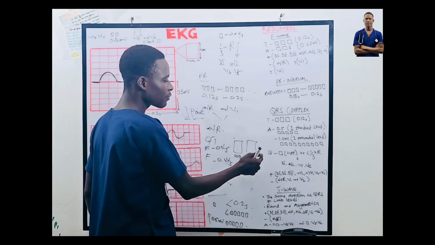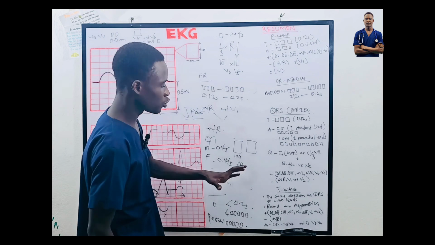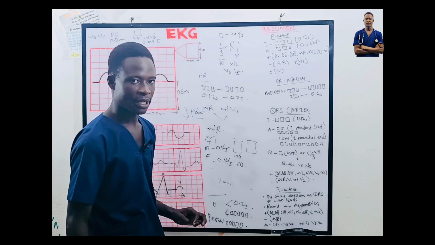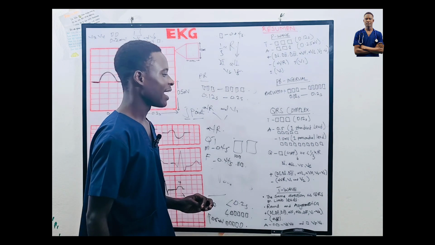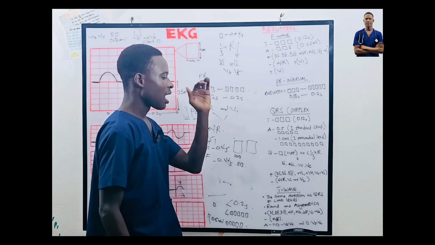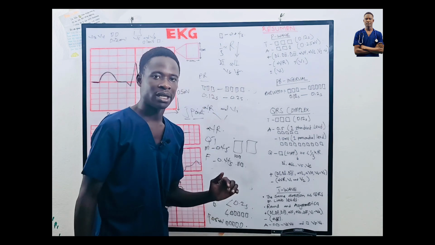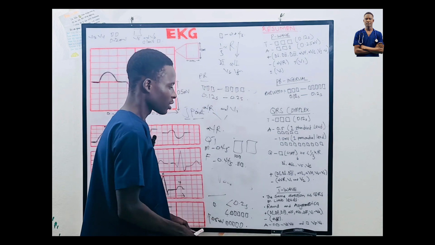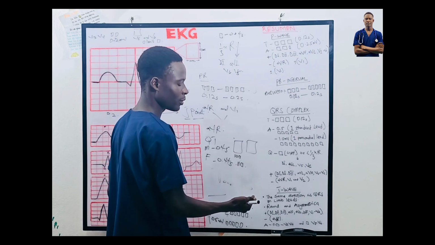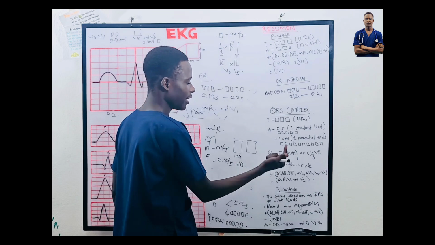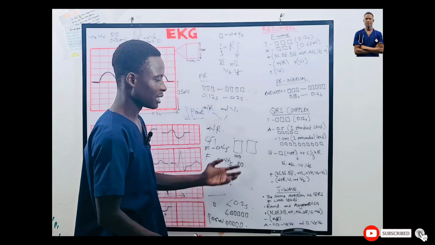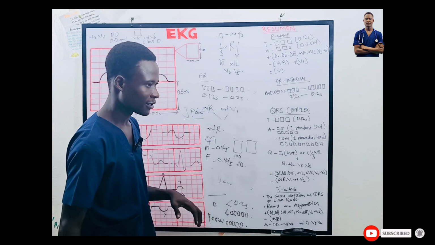Now let's come to the Q. The Q is supposed to be what? Less than 0.04 seconds. Are you clear with that one? And also the amplitude is supposed to be less than 1/3 of the R wave. Now, this one must be on specific leads, which are the D1, the AVR, the AVL, the V5, and then the V6, and might give you an idea of an inversion.